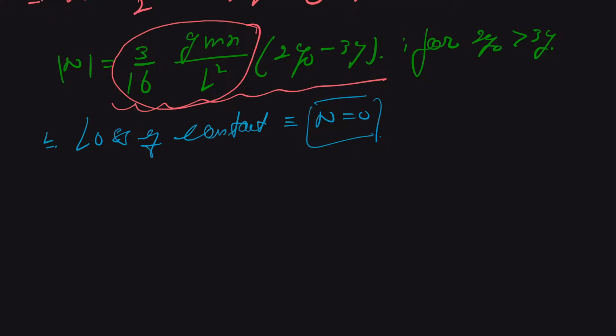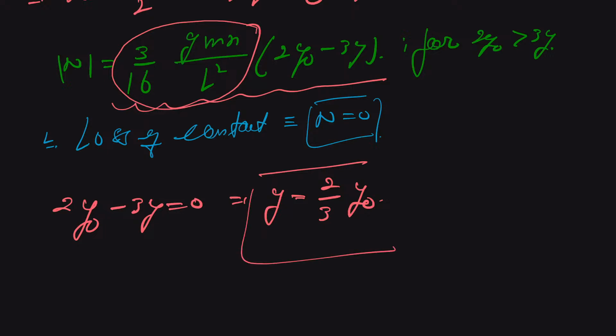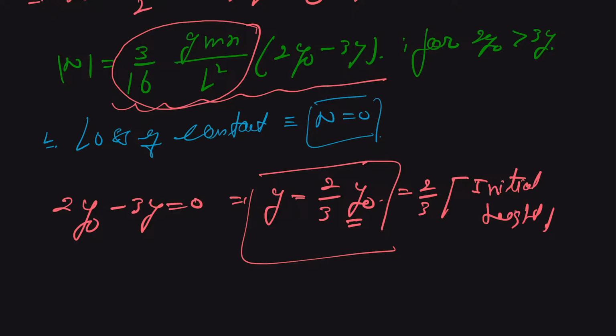Therefore we can directly say that 2y naught minus 3y is equal to 0. So from here we get y is equal to 2 by 3 times y naught. So it is 2 by 3 of our initial height, which we have assumed.